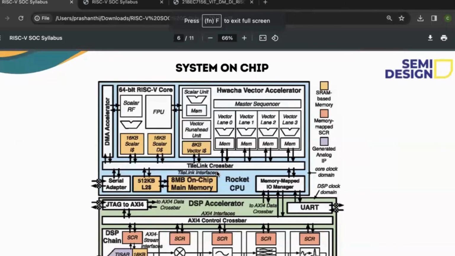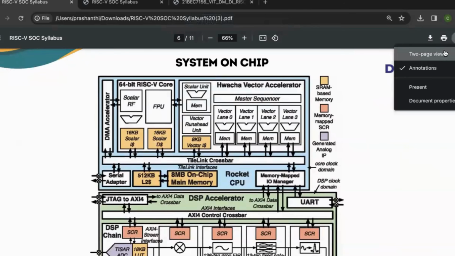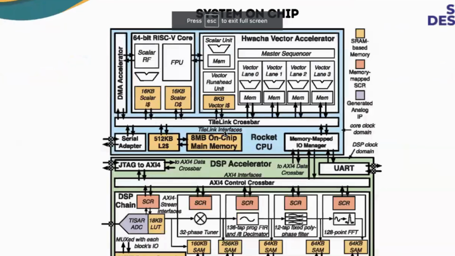Another thing is, suppose you see an SOC level architecture, in a system on chip there will be several blocks. There will be different IPs and different subsystems, like the AXI bus. The AXI bus is used to connect different blocks, right? If you observe, in this course we are concentrating only on the RISC-V processor implementation.